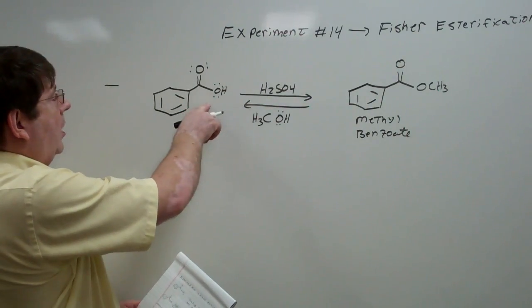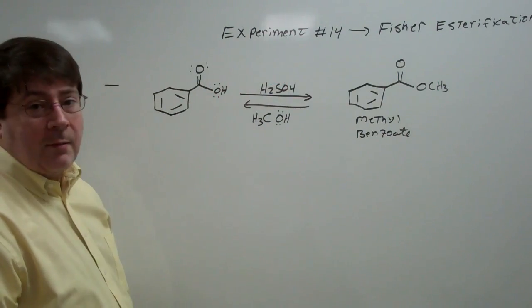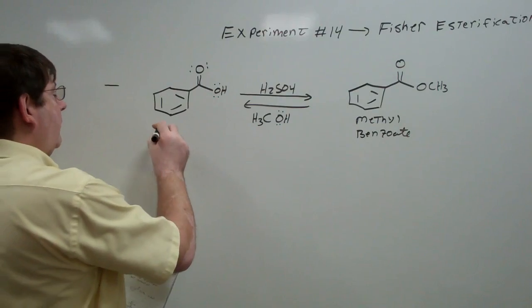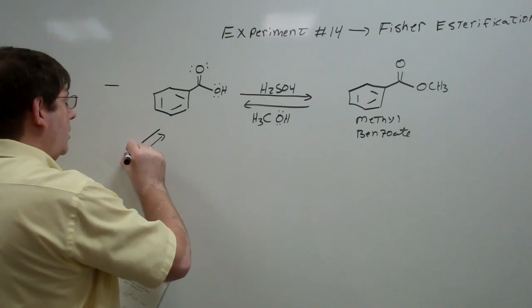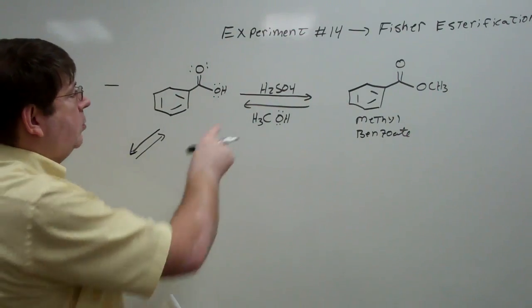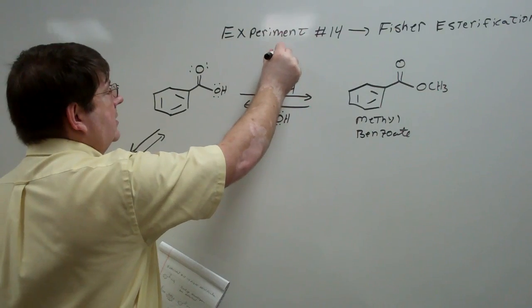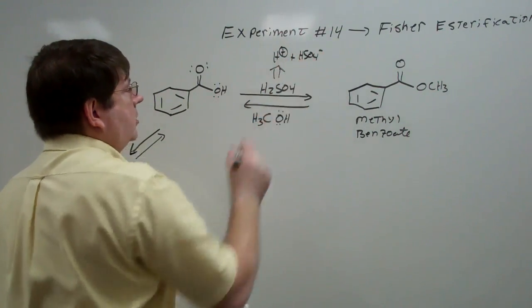So starting off with benzoic acid, we're going to dissolve that in methanol and add a catalytic amount of sulfuric acid, of course a strong acid. And so what happens in the first step, and all of these steps are reversible, is we can of course think of sulfuric acid as simply H+ and HSO4- in solution.